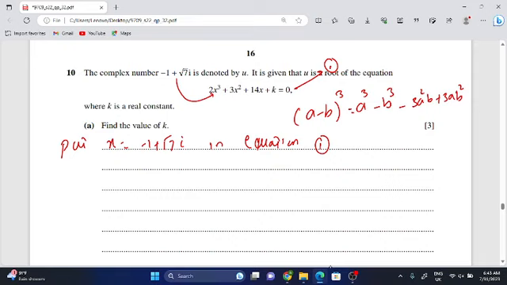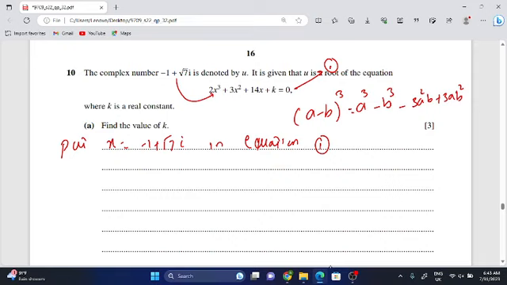So in short, minus 1 plus square root of 7 i is a factor of this equation. It means that whenever I put minus 1 plus square root of 7 i in every place of x, after simplification that should be equal to 0, because this is the root of that equation. So that's why I put x equals minus 1 plus square root of 7 i in this equation.